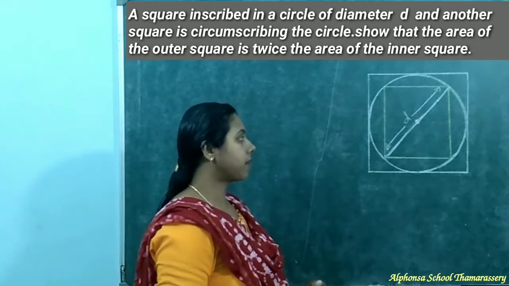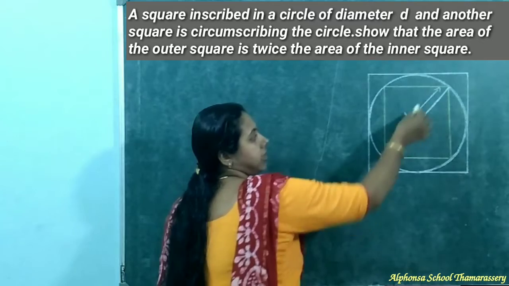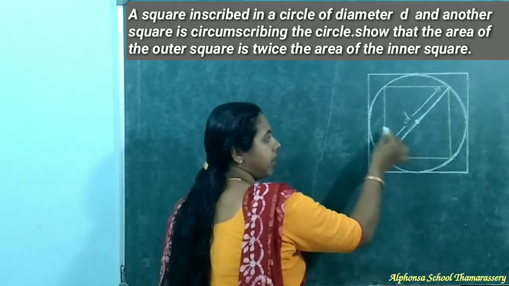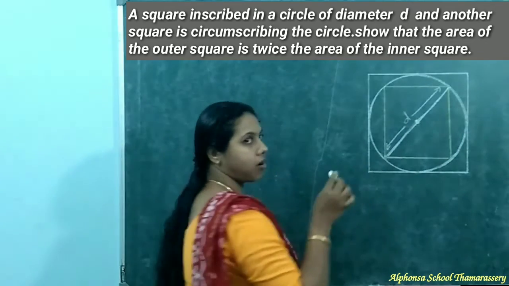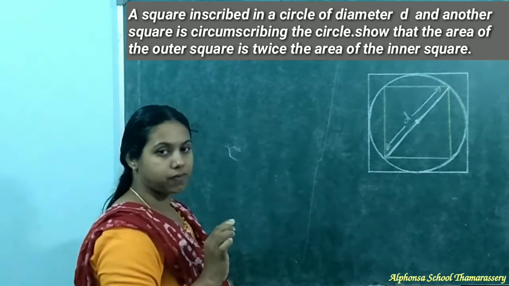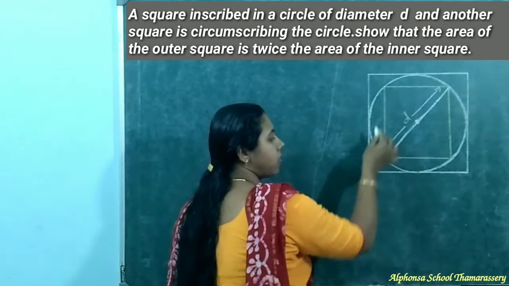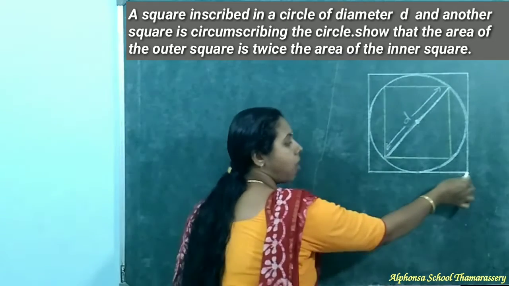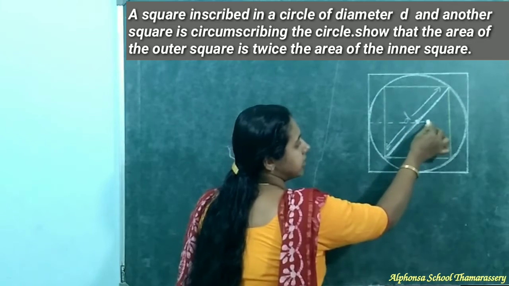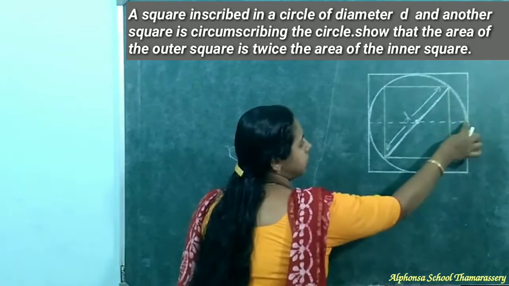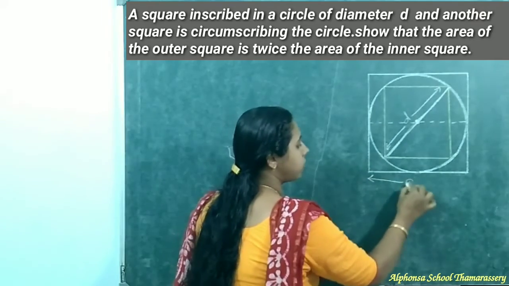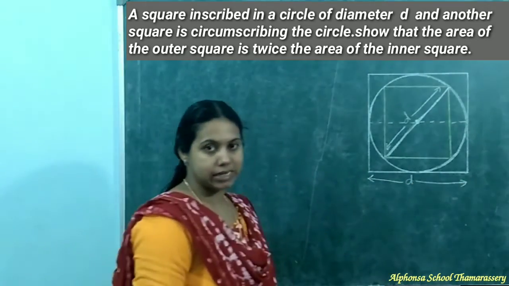And in the same way, if you draw from here to here, the chord passing through the center, that is the diameter of the circle. So this diameter is also equal to the side of the outer square. So the length of this outer square is also equal to d unit.